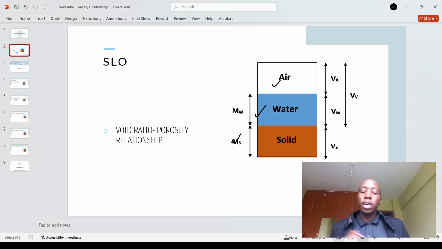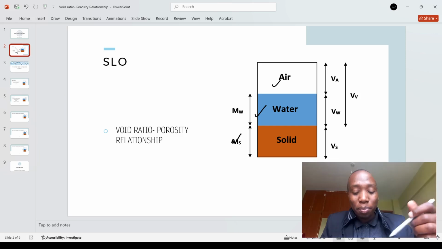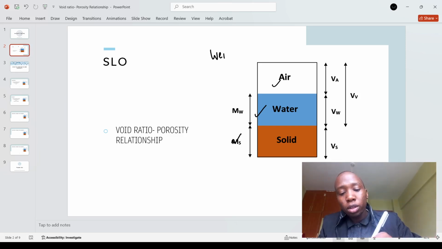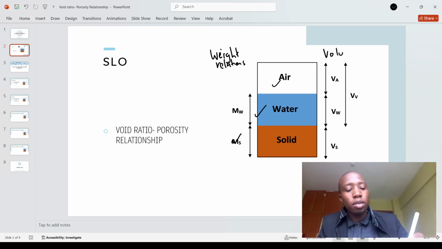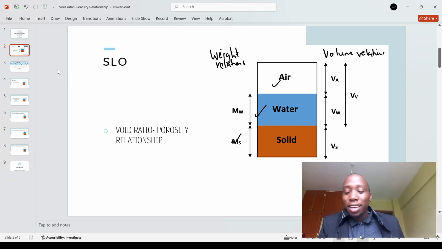We said for the purpose of analysis, we represent the components of soil in a phase diagram. So we have the weight relations, and then we have the volume relations. Very good.